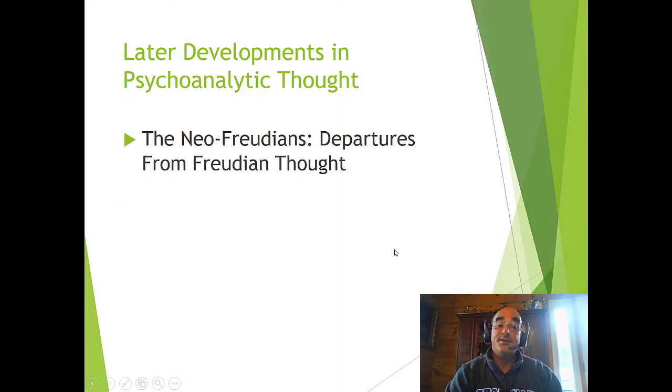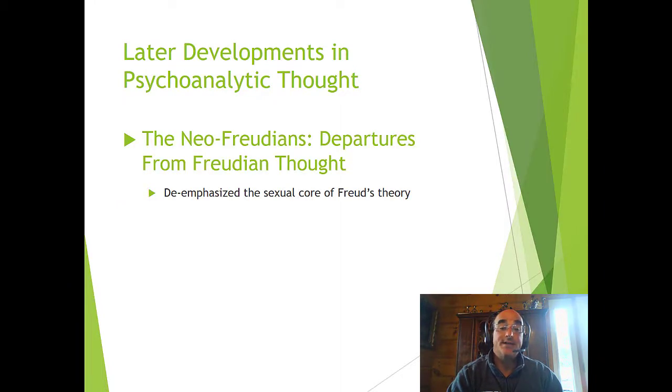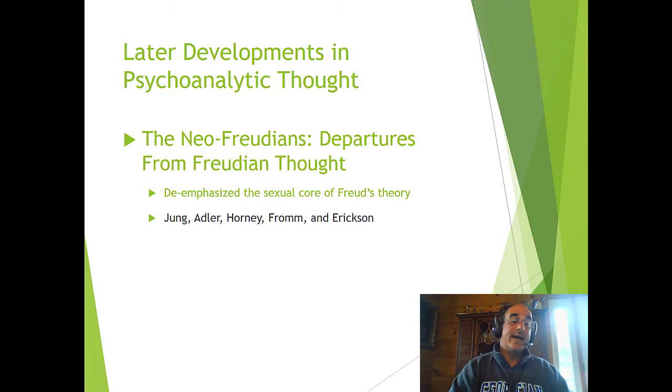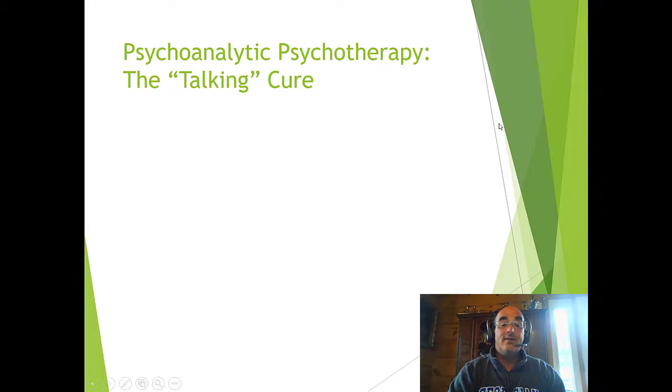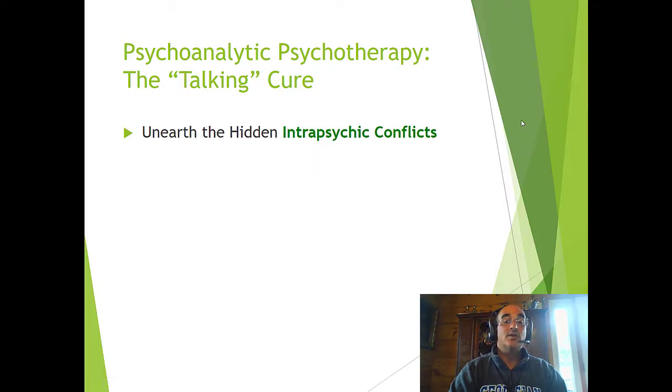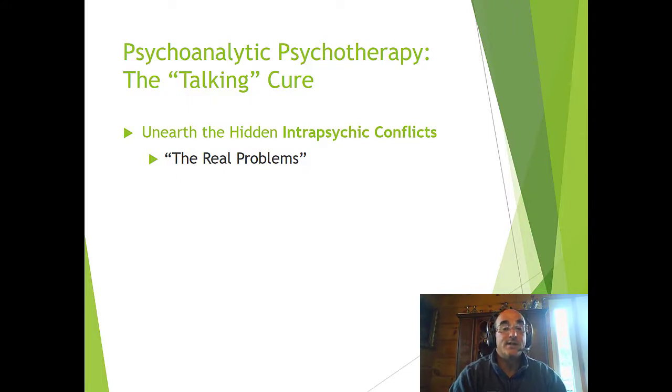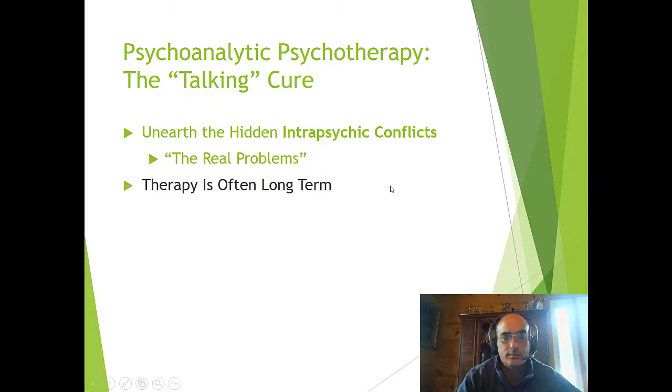The neo-Freudians depart from Freudian thought and de-emphasize the sexual core of Freud's theories. Those individuals like Jung and Adler and Horney and Fromm and Erikson really move away from the idea of psychotherapy being stages of development and really unearth the hidden intrapsychic conflicts that begin to help humans discover their real problems.